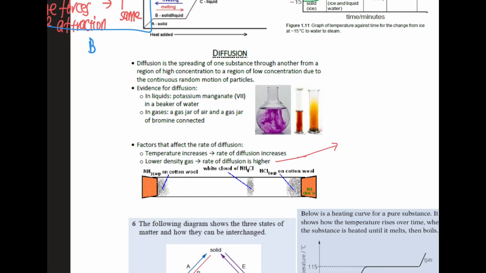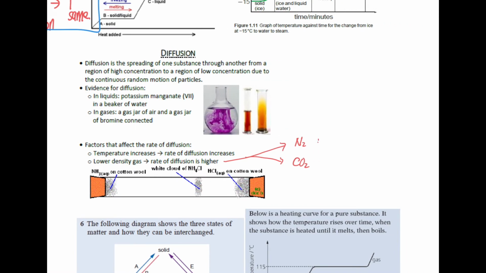So one of the examples that we can take here is, let's say we compare between 2 gases, nitrogen and carbon dioxide. Nitrogen is lighter. Of course, if you learn the relative molecular mass of nitrogen, we will learn this later, it is 28.